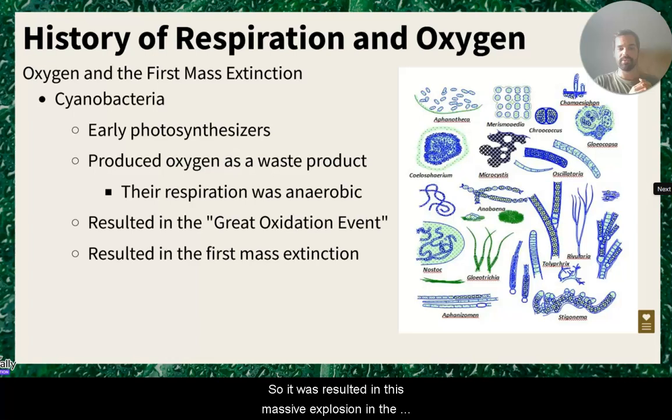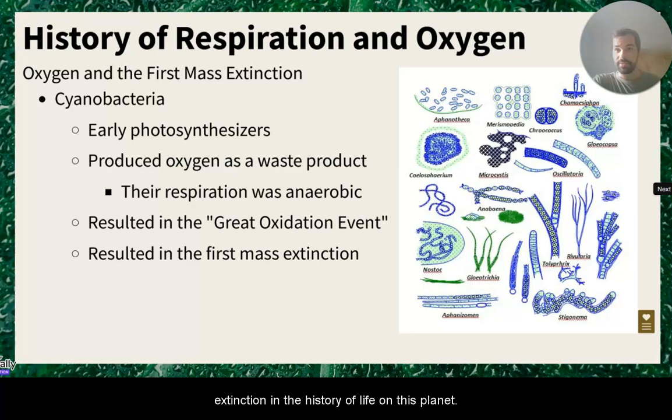It resulted in a massive explosion in the amount of oxygen available, but these were anaerobic life forms. These early prokaryotes, these cyanobacteria, were still anaerobic. Everything does some form of cellular respiration, but they did a version of it that didn't work so well when oxygen was around. So this resulted in a huge die-off, really the first mass extinction in the history of life on this planet.